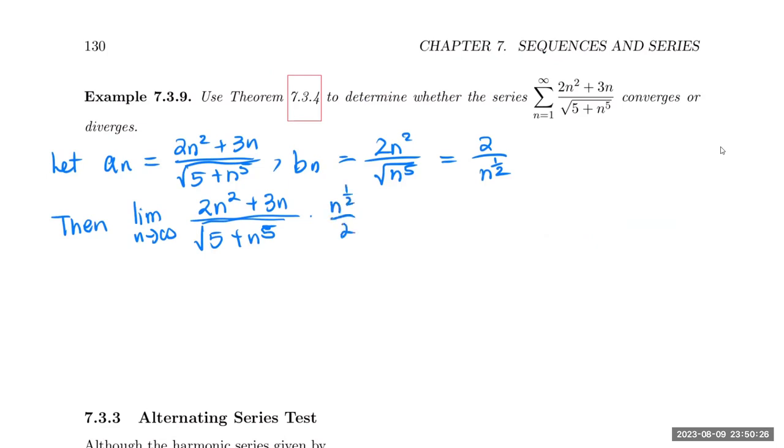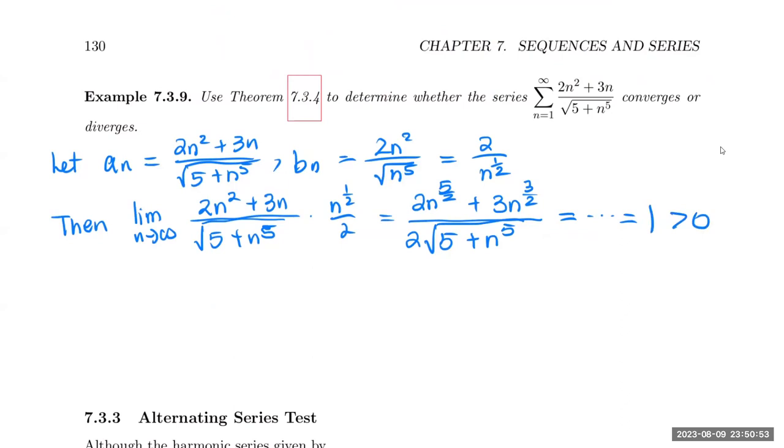I'm just taking the reciprocal of it and multiplying here. Now this is equal to 2n to the 5/2 plus 3n to the power 3/2 divided by 2 times the root of 5 plus n to the fifth. Now if you compute this limit, you should be able to get a value of 1, which is larger than 0.